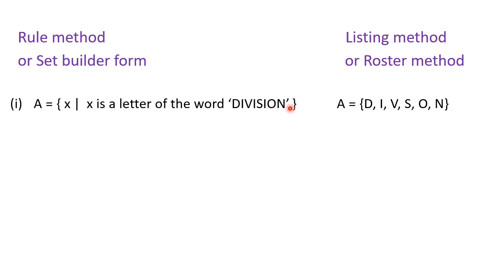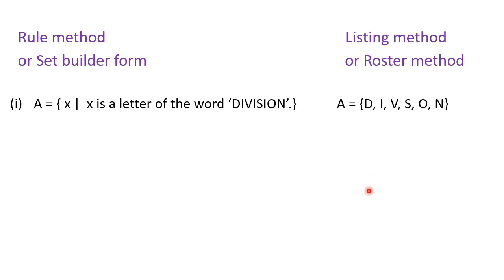So see here, from DIVISION the first letter is D, second letter is I, third is V, then I is repeated, so don't write I again. Next is S, again I is repeated, don't write it, then O and then N. Okay, so here I appeared 3 times, but we wrote it only 1 time because as per our rule, we cannot repeat the elements. We have to write the elements only once.